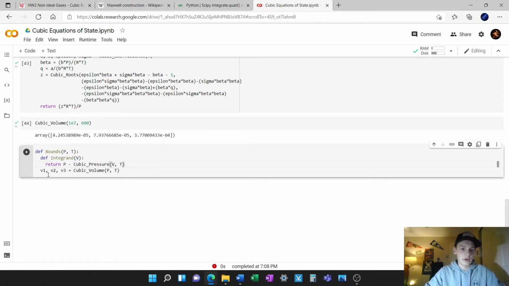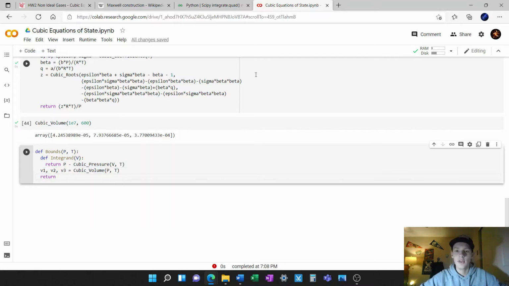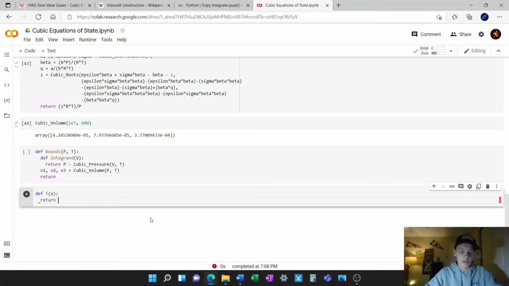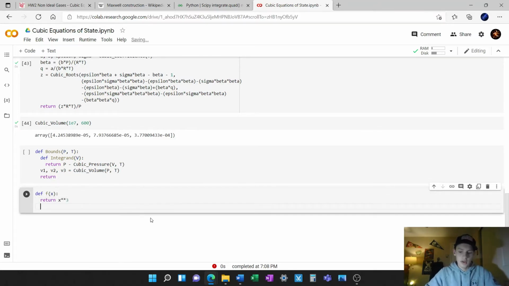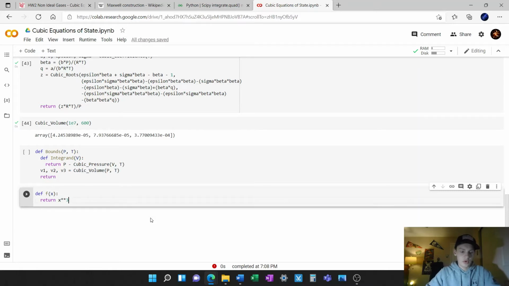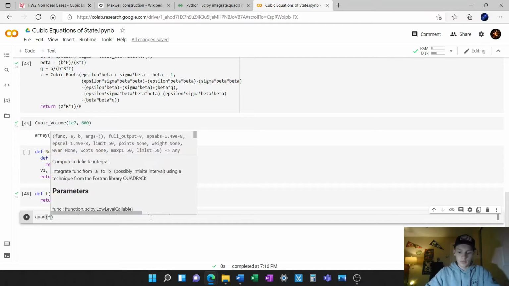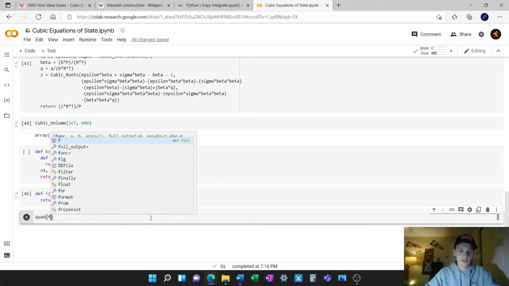And then the next thing we're going to need is the return for this. Before we write the return, I would like to play around with quad, just so we get a sense of how this works. So let's define some function, f of x, and then we will return x cubed. If we want to use quad for that, like I said, we're going to supply our function f.